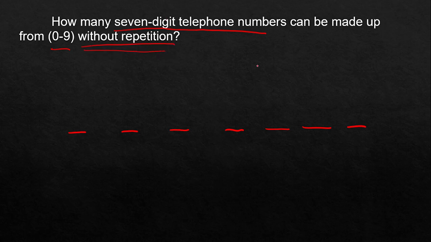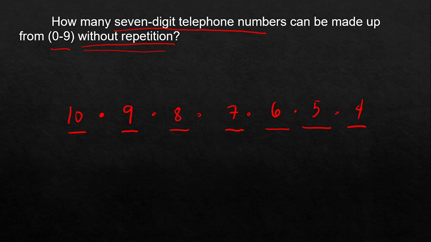So how many possible outcomes are there? For the first digit, it can be 10, then it cannot be repeated, so that is 9, then 8, 7, 6, 5, 4.